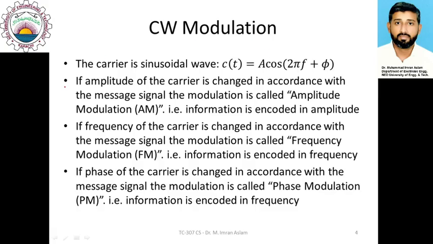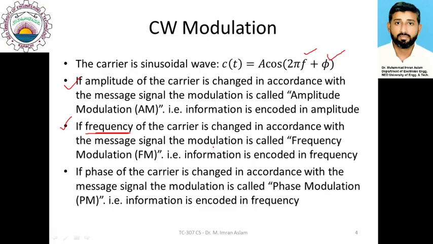It is not necessary that we always change amplitude, because we have other parameters as well, frequency and phase. So the other possibility is that we can change the frequency of the carrier. So we can change the frequency again in accordance with the message signal. So how? If the message amplitude is high, we will increase the frequency of the carrier rather than amplitude.